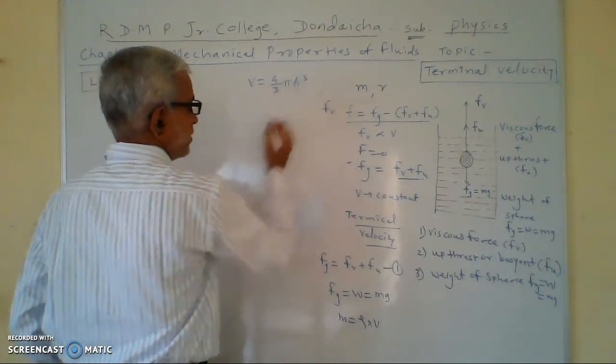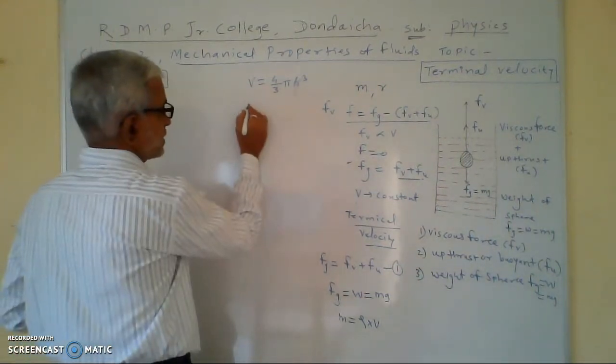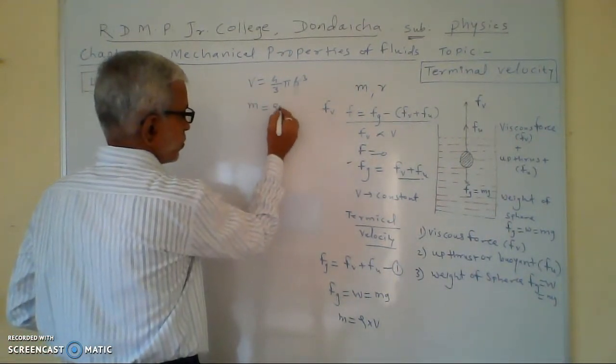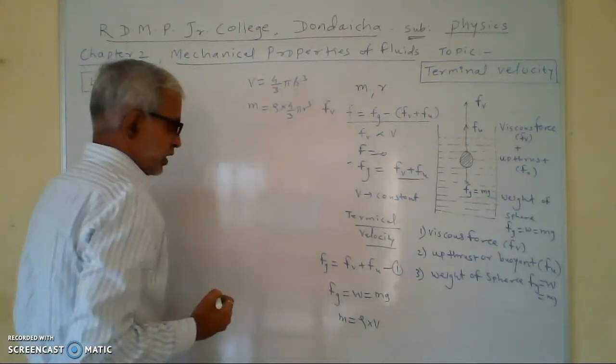So the mass of the sphere will become rho into 4 upon 3 pi r cube.